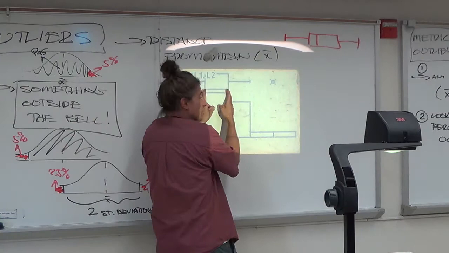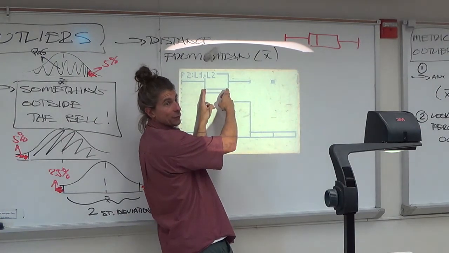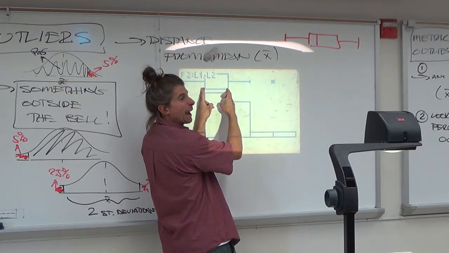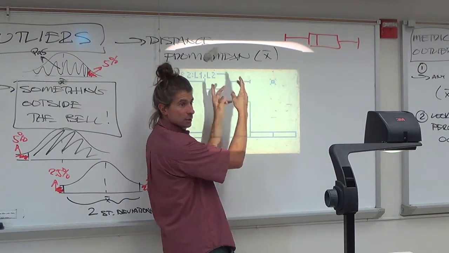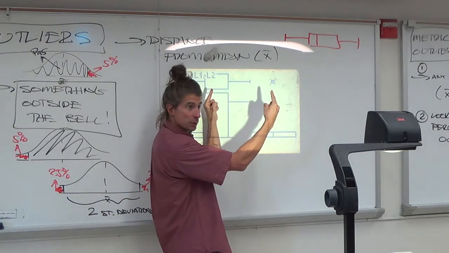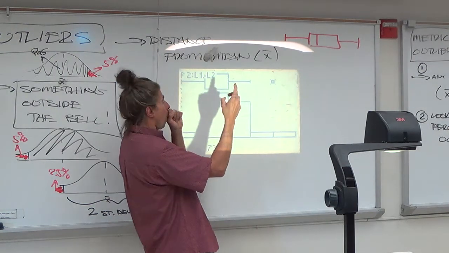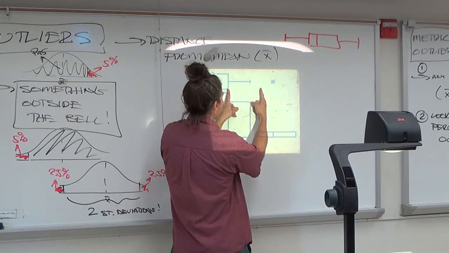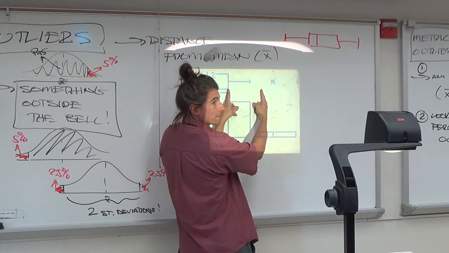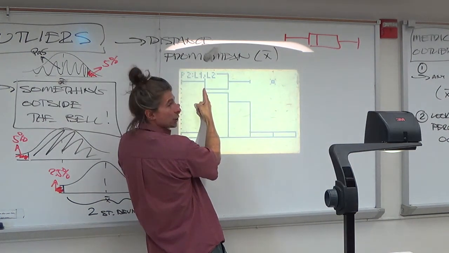Now, by convention, and I have no rationale for this, we multiply that by 1.5, so 1 inch becomes 1.5 inches. Got me so far? Then we take that 1.5 and we stack it onto Q3 and we stack it onto Q1.